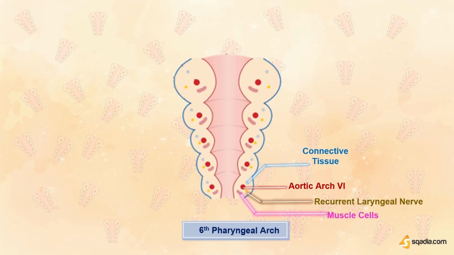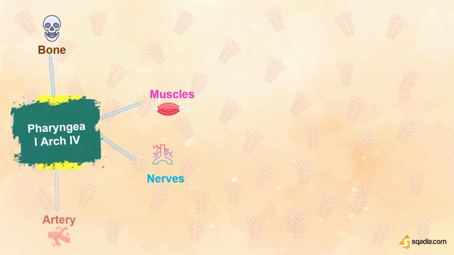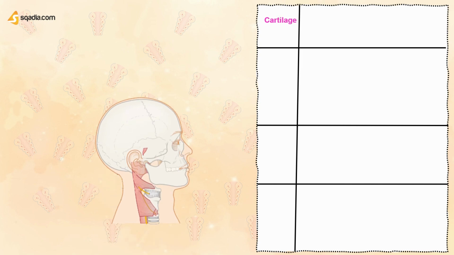Now, let's discuss the structures such as bones, muscles, nerves, and blood supply or arteries formed from the 4th pharyngeal arch and 6th pharyngeal arch. Cartilages given rise by the 4th and 6th pharyngeal arches are thyroid, cricoid, arytenoid, corniculate, and cuneiform.